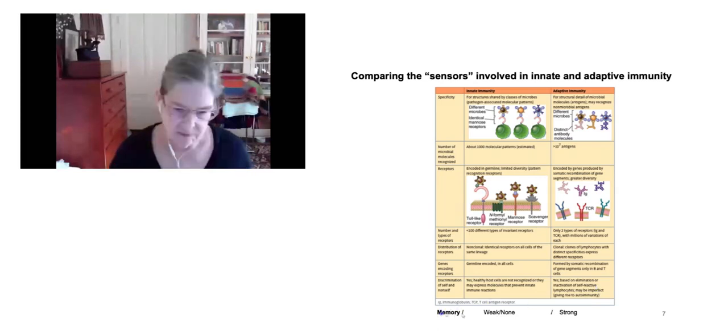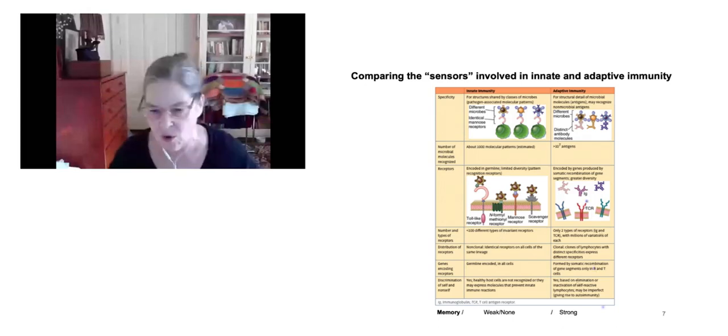And the last thing that's left off of here is memory. There's weak memory or no memory involved in innate immunity. If you're presenting the same thing over and over again to the immune system, it doesn't expand that response, and it doesn't have a strong memory of that response. It just responds the same over and over again.